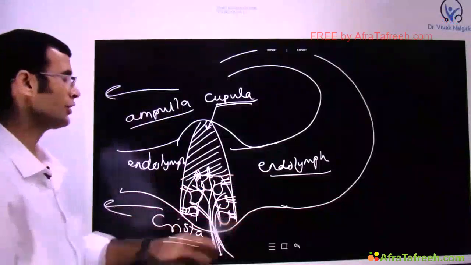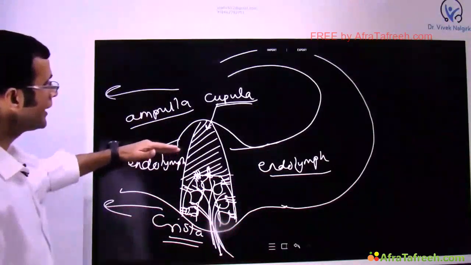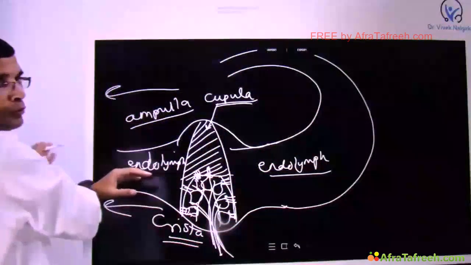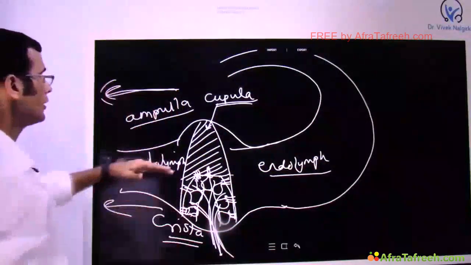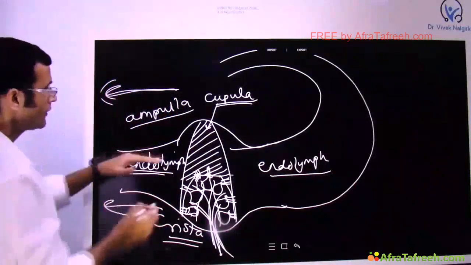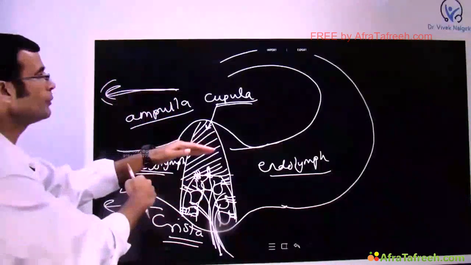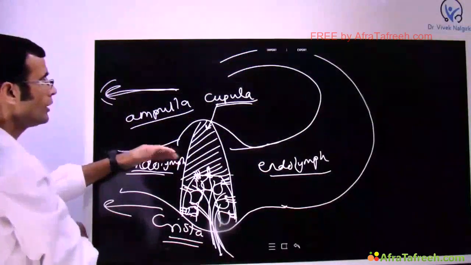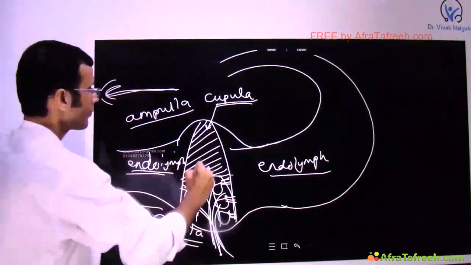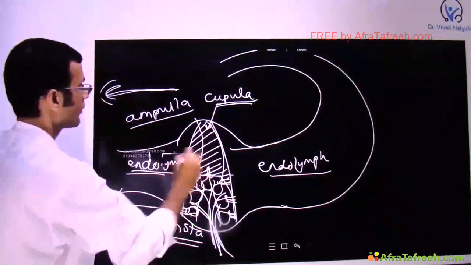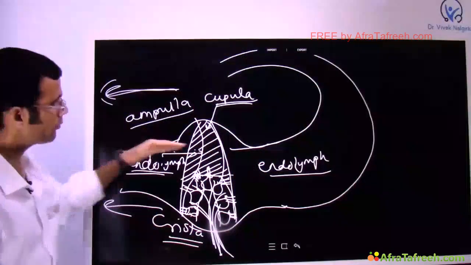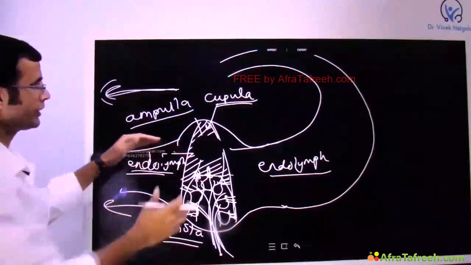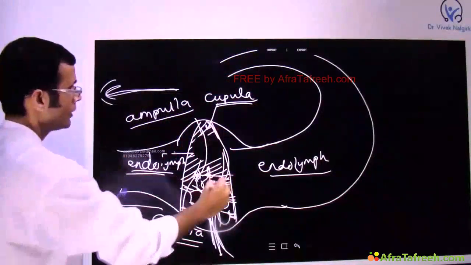Because the endolymph is not moving but the canal begins to move in the direction of rotation, this is a relative opposite movement. The endolymph is stationary, the canal is moving forward, and therefore the endolymph will push the cupula backward.